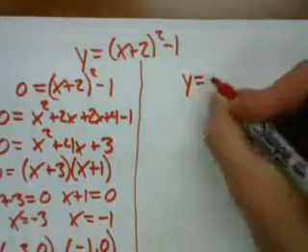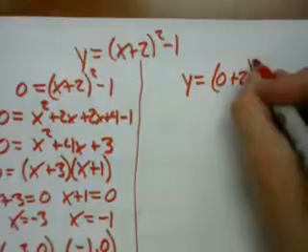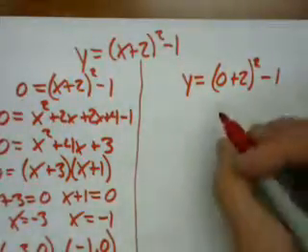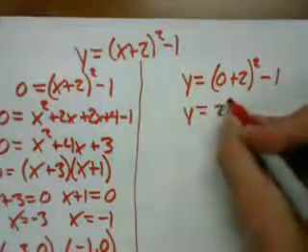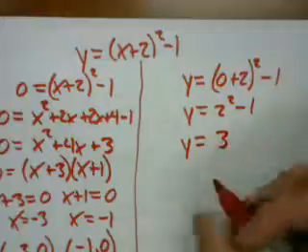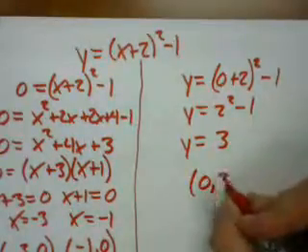Now for my y-intercept, I use x equal to 0. So y equals 0 plus 2 squared minus 1, which is y equals 2 squared minus 1, so y equals 3. The y-intercept is the point (0, 3).